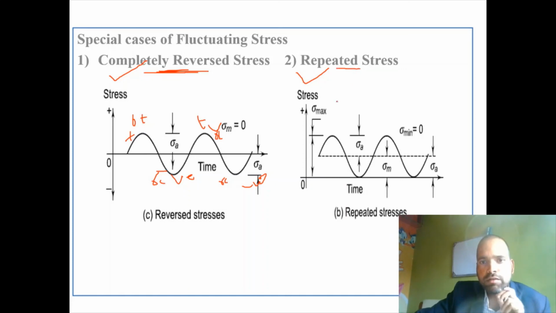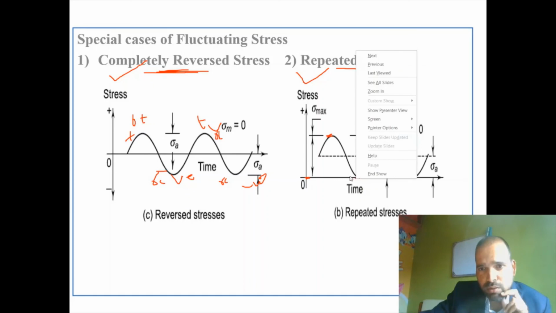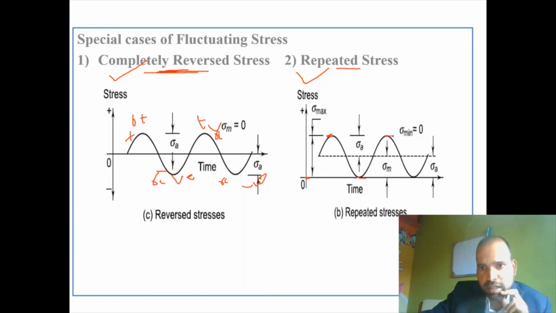The second special case of fluctuating stress is repeated stress. That means the stress continuously varies from zero value to maximum value, then again from zero to maximum, zero to maximum. In these two special cases, as we have discussed, stress amplitude and mean stress are important from the design point of view.